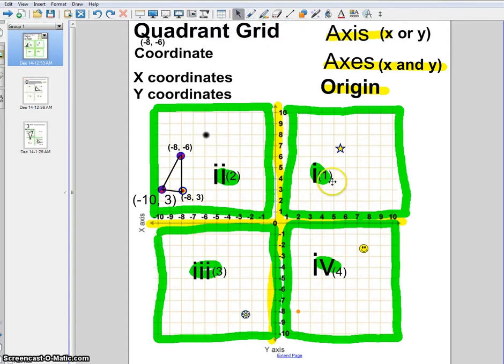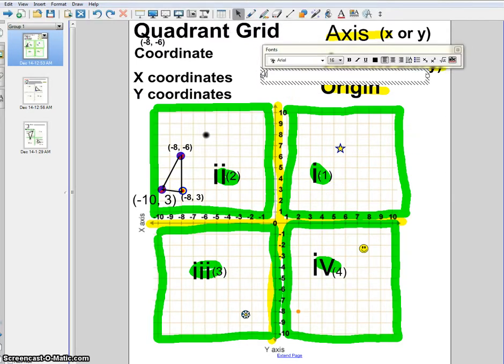I'll write it here, in parentheses. 5 will be the coordinate on the x-axis. Now we'll pick a coordinate on the y-axis. I'll pick 9. That's 9 on the y-axis. Not -9, but 9. And I'm writing it over here.